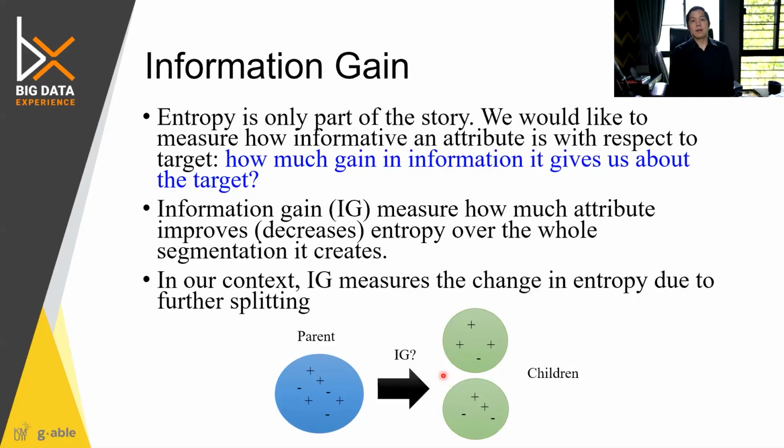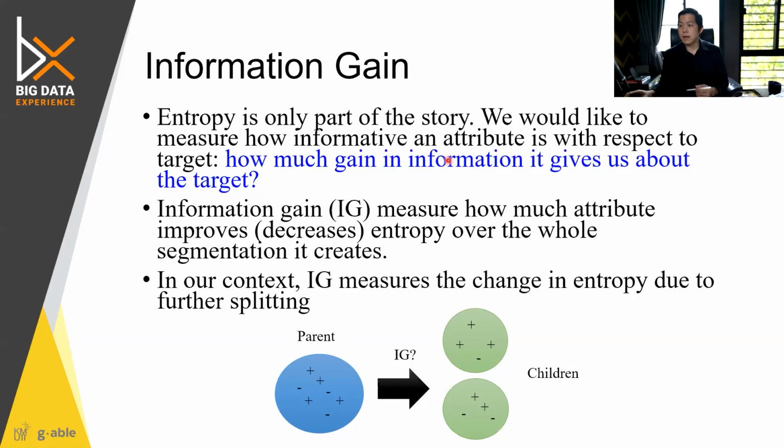Okay. Having just entropy is only part of the calculation. In order to identify variables that would reduce the uncertainty the best, you would need to find a way that represents the reduction in entropy. And there is a method that is used to do that. This is our information gain.